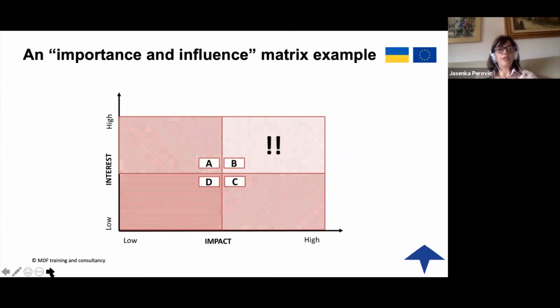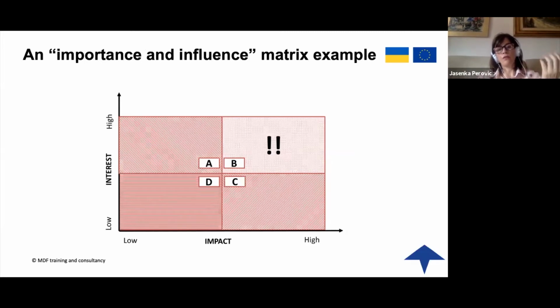Another tool is this famous matrix of importance and influence, where you use the flip chart paper, turn it into the landscape, and draw this matrix on the flip chart, and on some post-its you write the name of each of the stakeholders you identify and try to place them in the proper box.